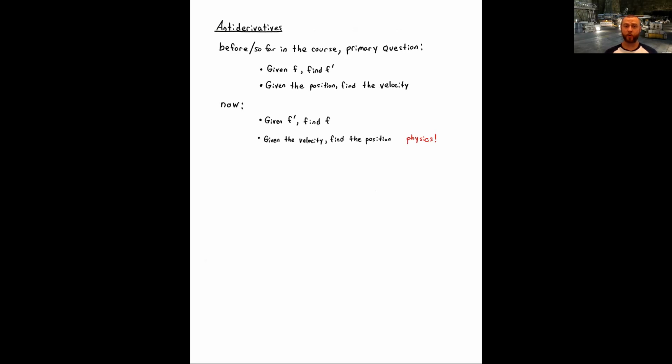The physical question, which is of more interest to physics and possibly engineering, is given the velocity of an object, find the position of it. That's going to get you on the path to where Newton's second law ties into this. Don't be overwhelmed if you've never taken a physics course. We'll just be looking at the mathematical side of things.